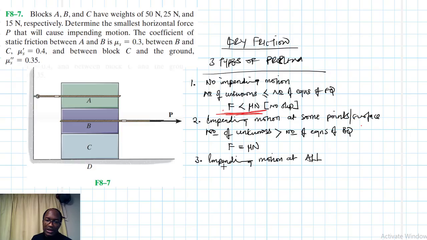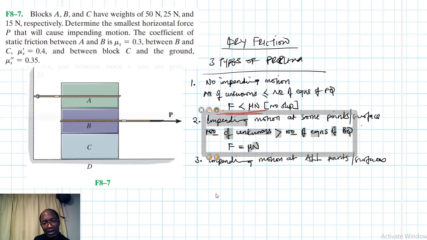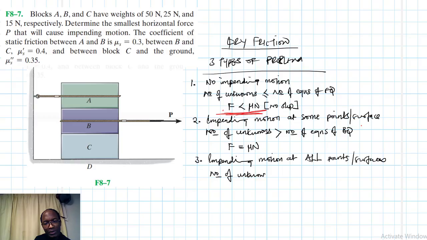For the third case, impending motion at all points or surfaces, this condition also applies: the number of unknowns is greater than the number of equations of equilibrium.